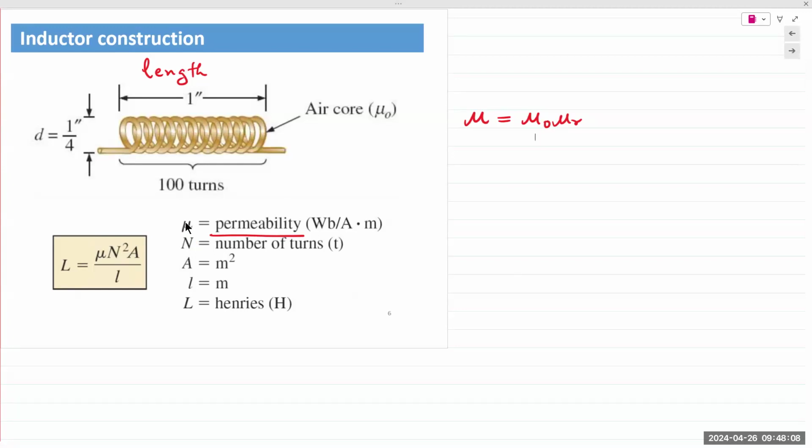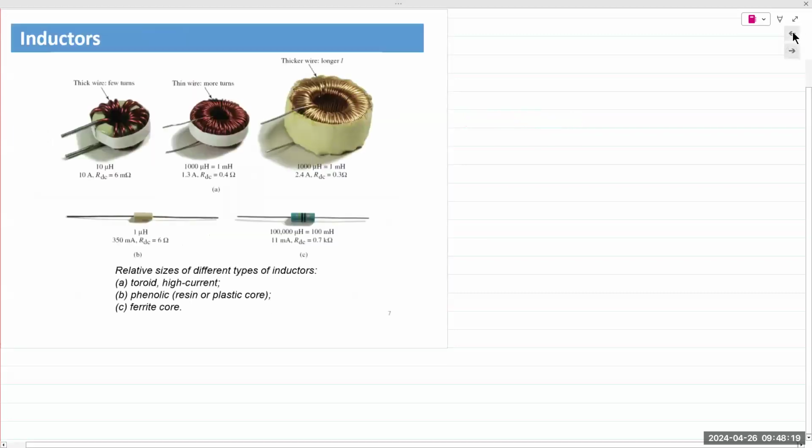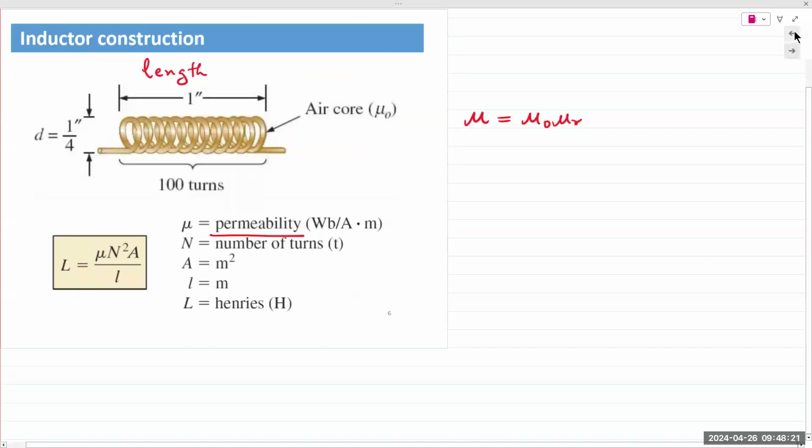It is simply air, so we call it an air core inductor. Relative permeability of air is just 1. Mu0 is a constant, 4 pi into 10 raised to minus 7. I'll find it and post it.